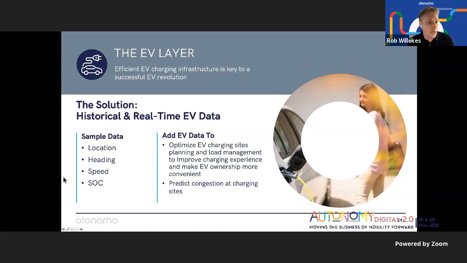So if I can share my state of charge of the battery along with my navigation and communicate with charging points, I can then go to the most efficient charging station, bearing in mind my state of charge and where I'm going, offering me the least time to charge my car in the most efficient way. So the EV layer is a very important part in getting the right infrastructure in the right place.